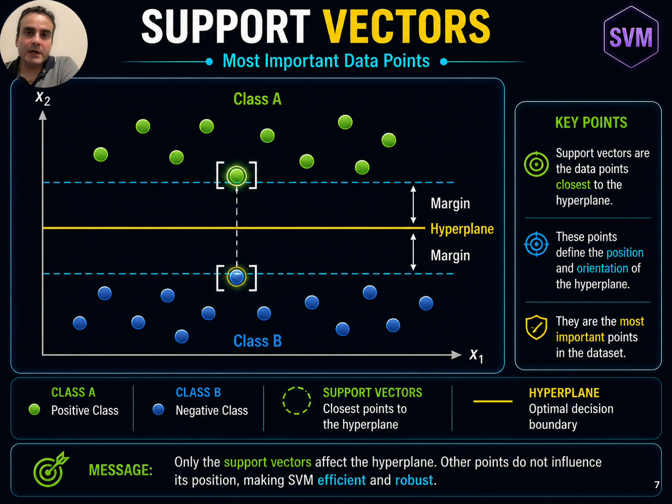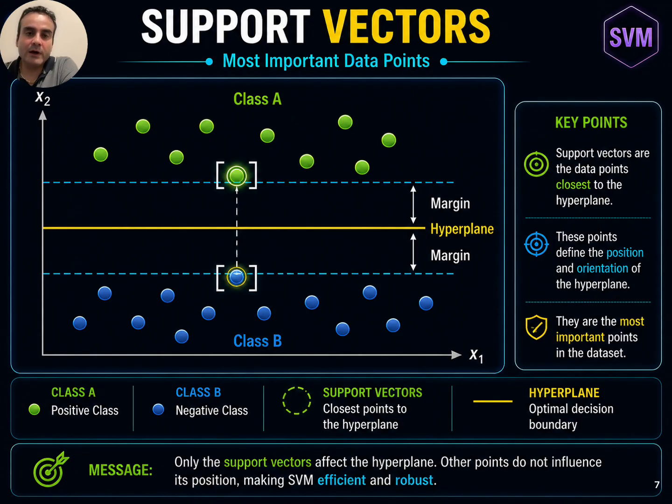Support vectors are the most important observations in an SVM model. The figure highlights the data points closest to the hyperplane. These observations define the position and orientation of the decision boundary. An important property of SVM is that only the support vectors directly influence the hyperplane.